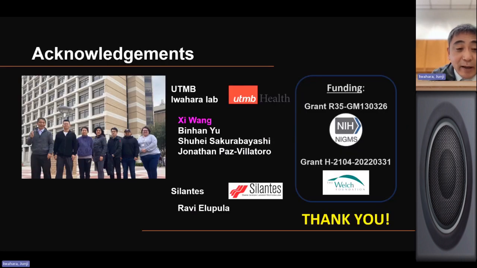Here is my research team. The first student did most of the work for the PaNDA reaction optimization, and Bing Han did NMR work, and Shuhei also did NMR work. And in his case, he assigned signals of NU-172, and he also produced carbon-13 labeled NU-172.